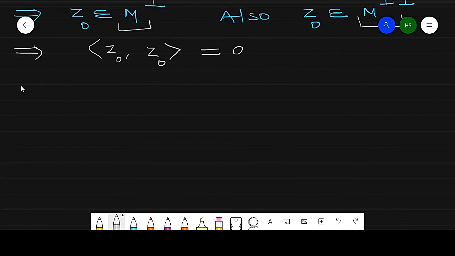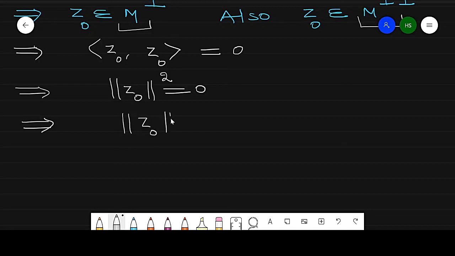So it implies the norm of z0 is equal to 0, and it implies z0 is equal to 0.